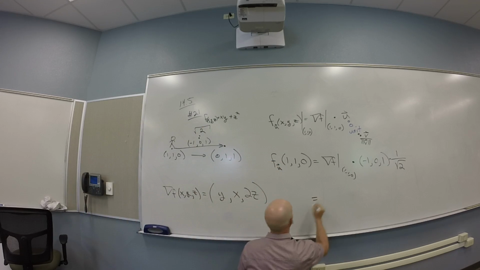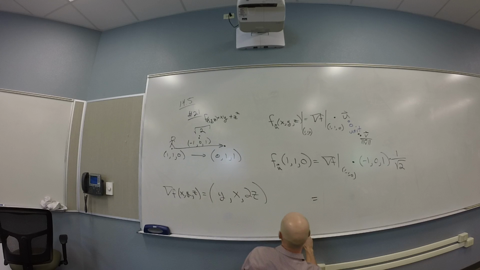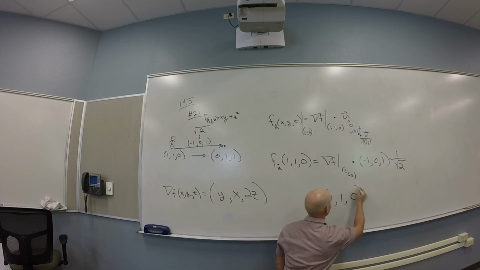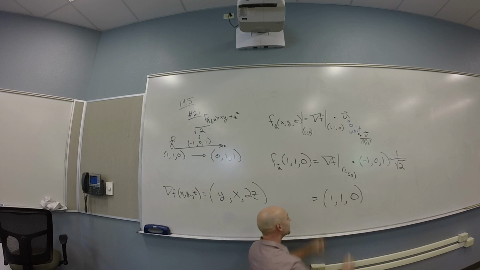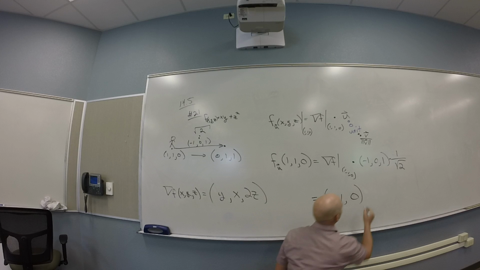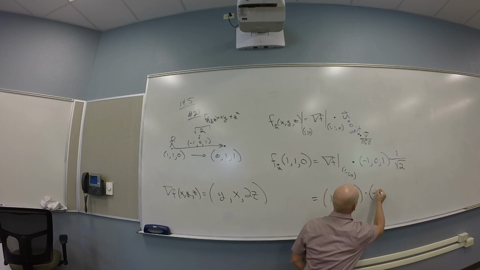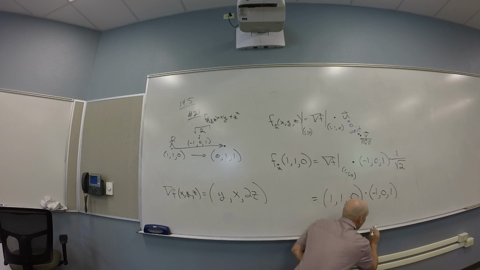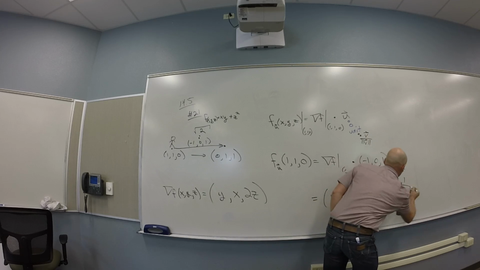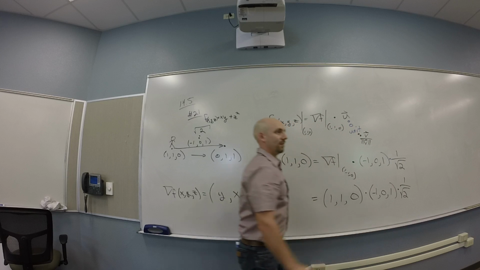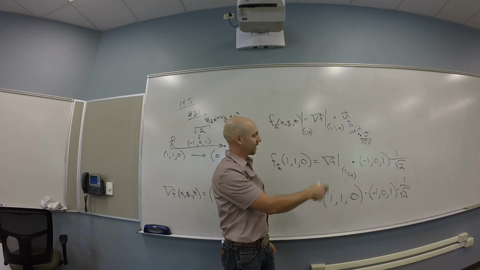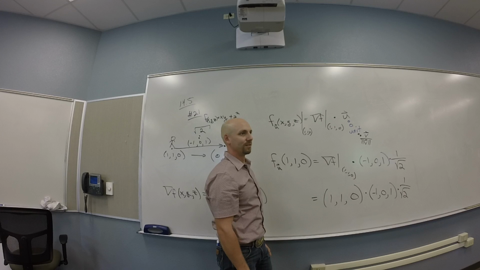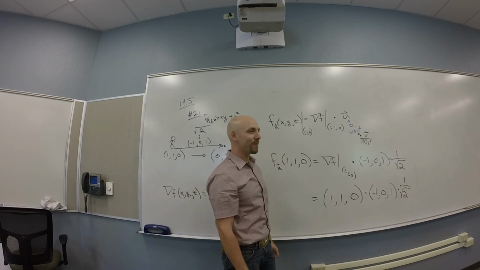So we need to evaluate at 1, 1, 0, which gives me 1, 1, 0. That's weird. This is a vector though, not a point. You guys see that? And then I'm dotting with the vector negative 1, 0, 1. And then I need to, what was this operation again? I'm multiplying by 1 over square root of 2. Yeah, that's really me unit vectorizing.